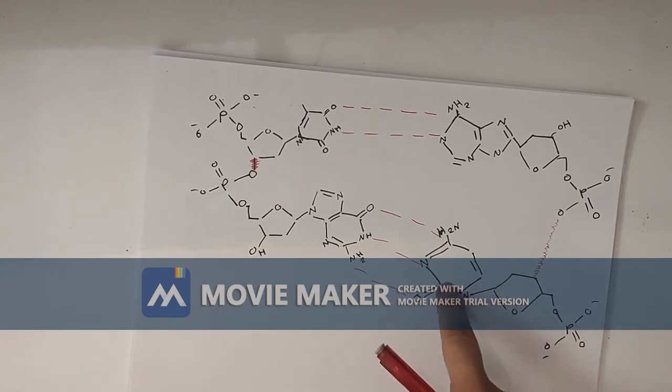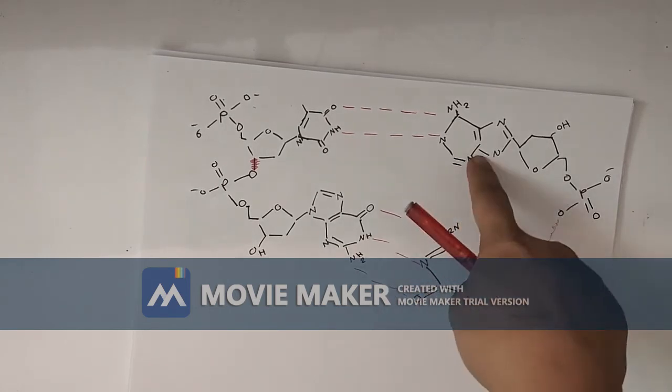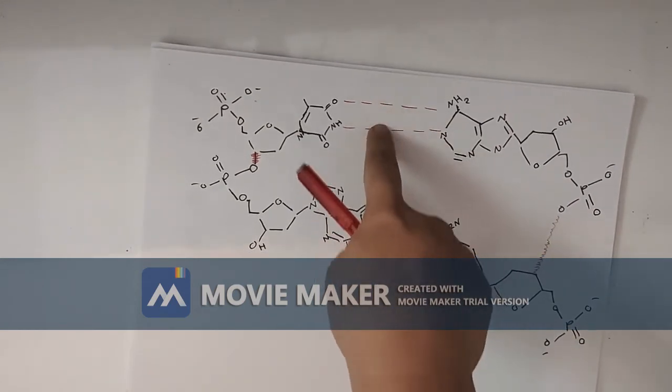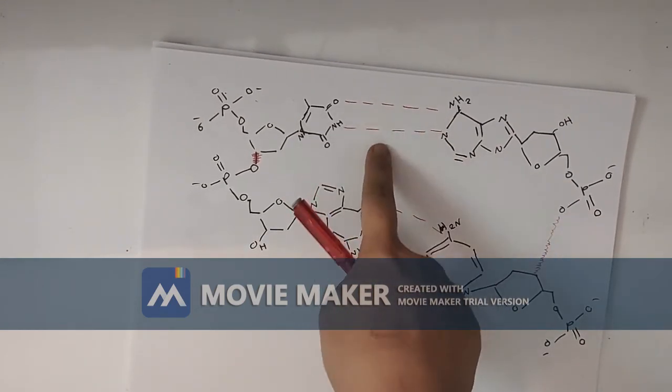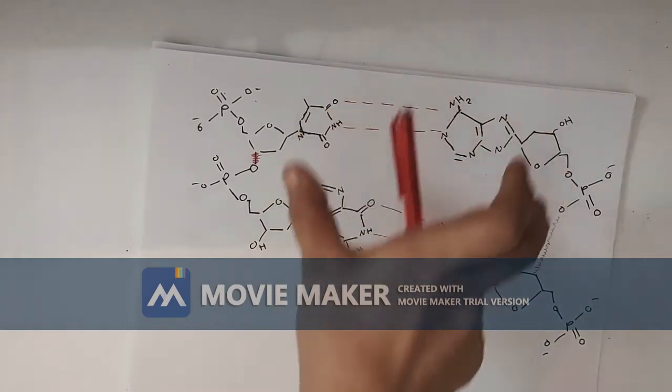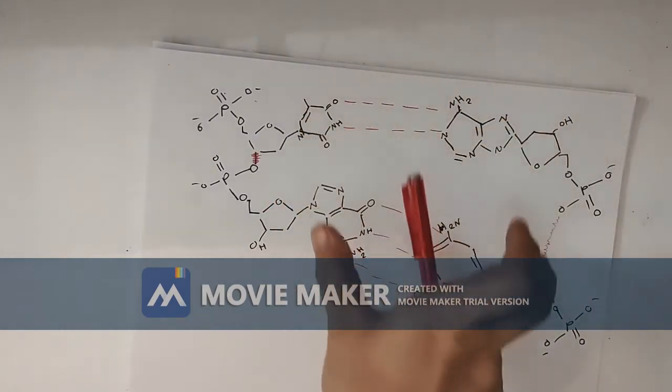This is cytosine, and this is adenine. Now, there are those hydrogen bonds that are formed between each of the bases to connect the two strands of the DNA together.